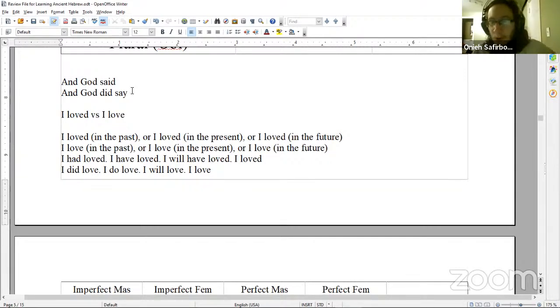So you use the past tense to mean the perfect action, whether it be past, present, or future. And you use the present or the imperfect to refer to anything in the past, present, or future that is in an imperfect state.